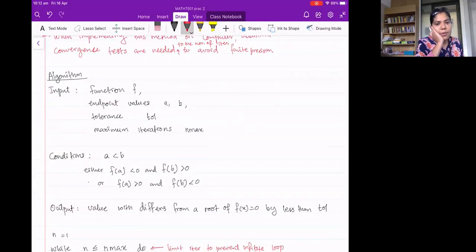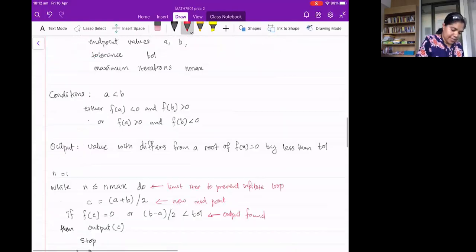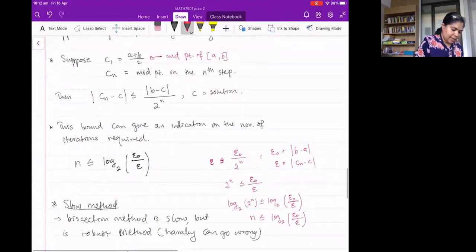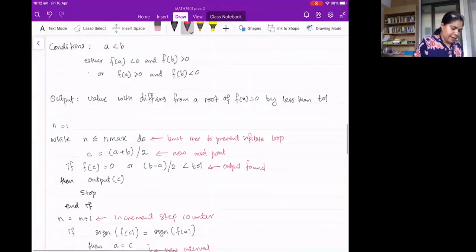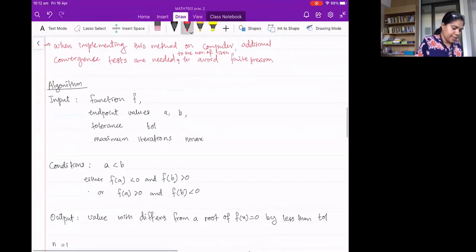Now, one question would be: this is a slow method. The bisection method is a slow method, which I will discuss later.